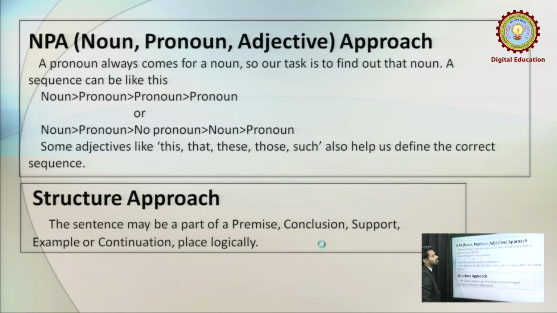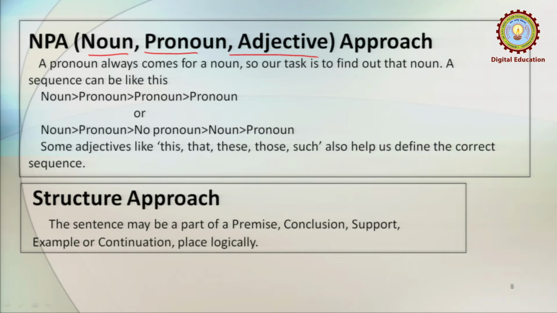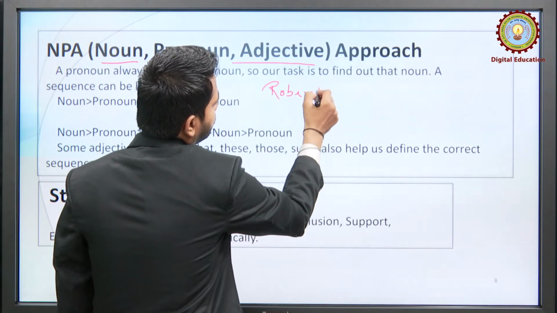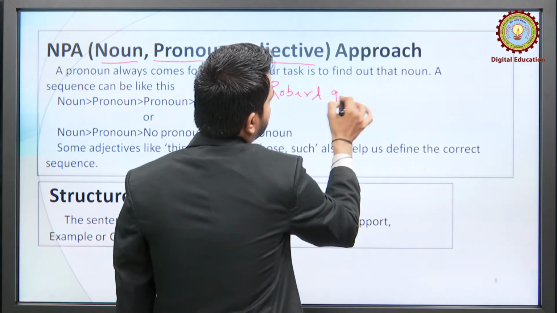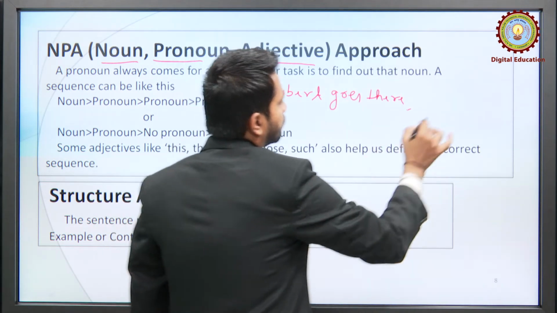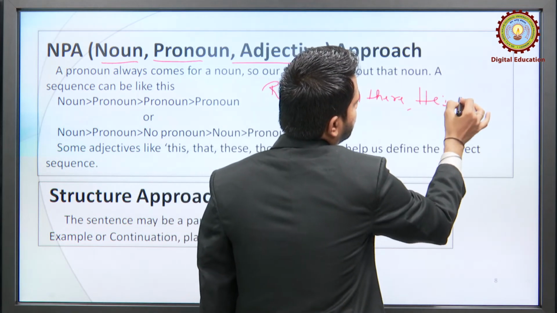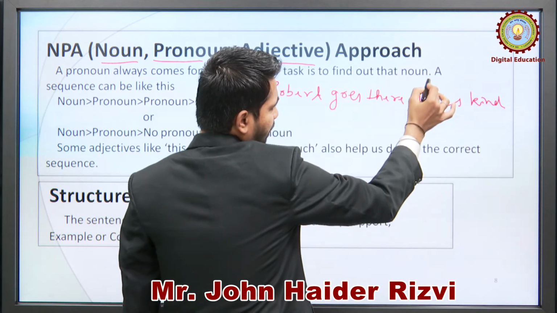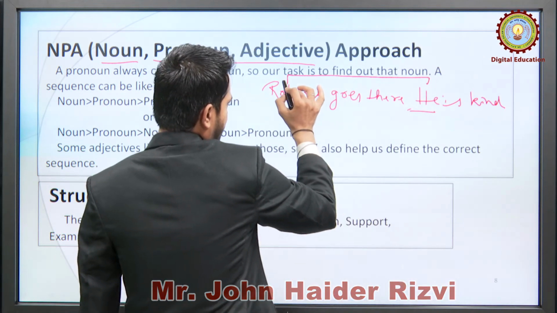Now the NPA strategy or approach. N stands for noun, P for pronoun, and A for adjectives. A pronoun comes only for a noun. For example, Robert goes there. He is kind. He is a pronoun and it is used for a noun.